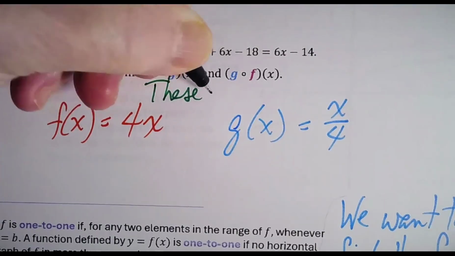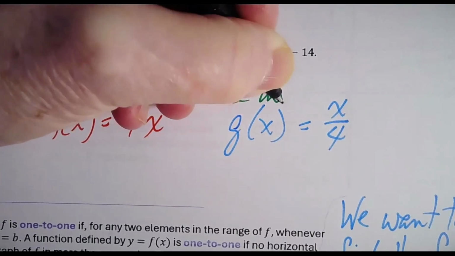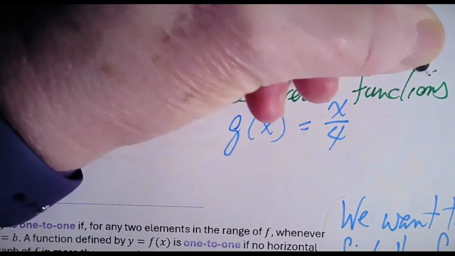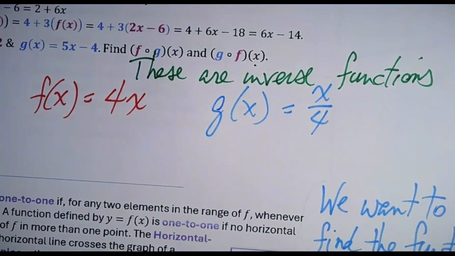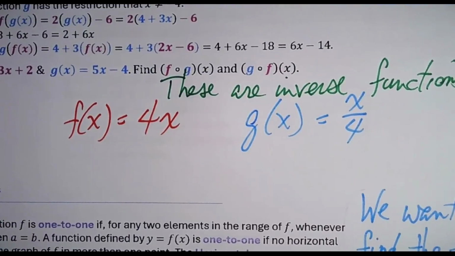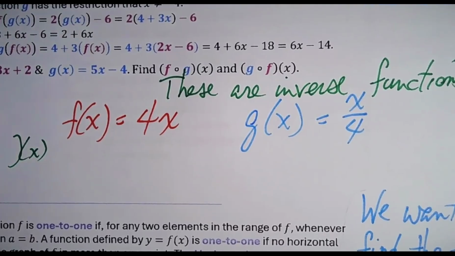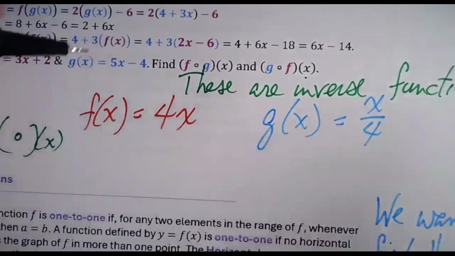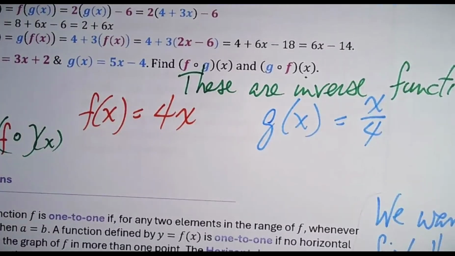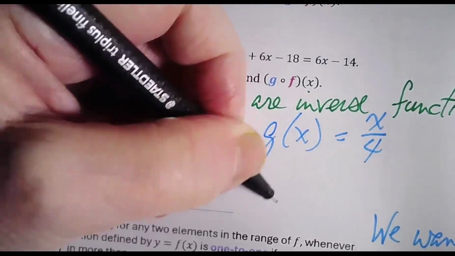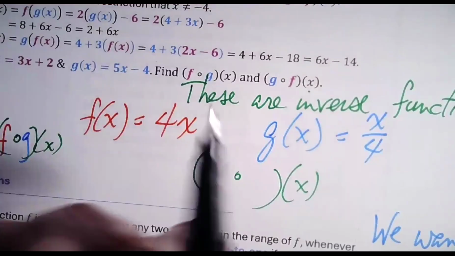These are inverse functions. But to see that it really works, we need to find f composed with g of x, and we need to find g composed with f of x.